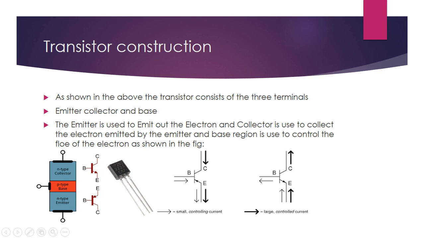The transistor construction is shown above. A transistor consists of three terminals: the collector, the base region, and the emitter region. Now, how does a transistor physically look? Physically, the transistor looks like this, with three terminals.